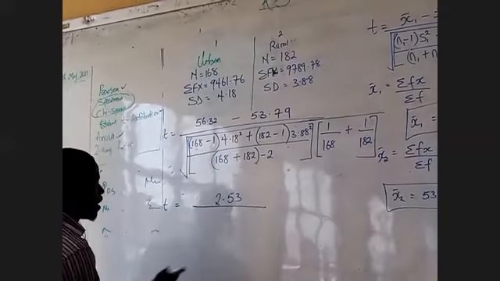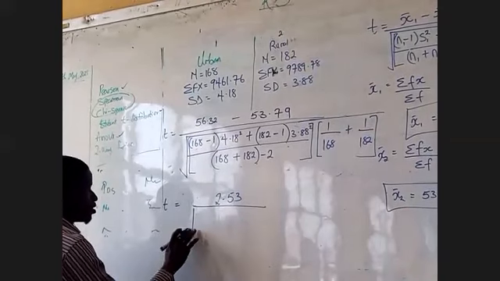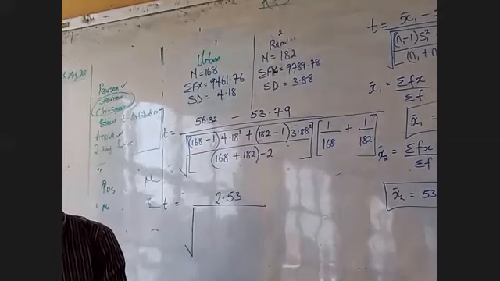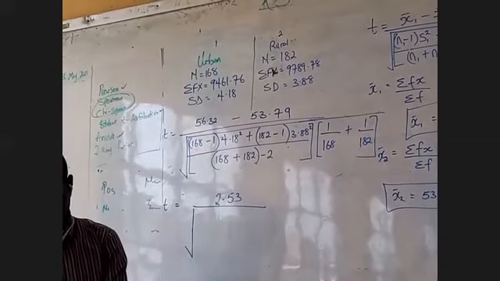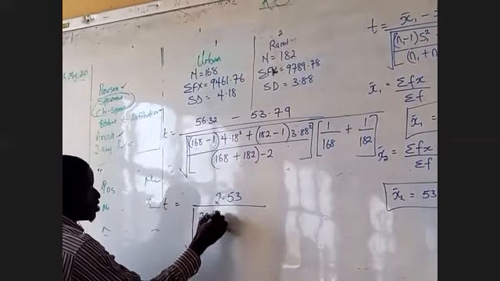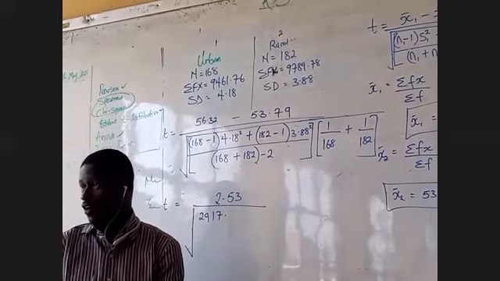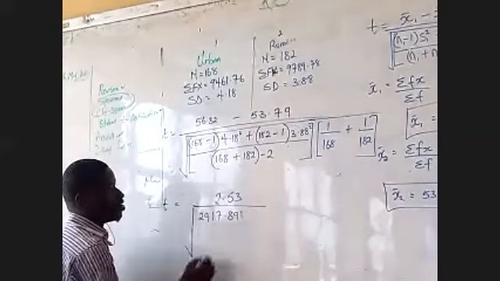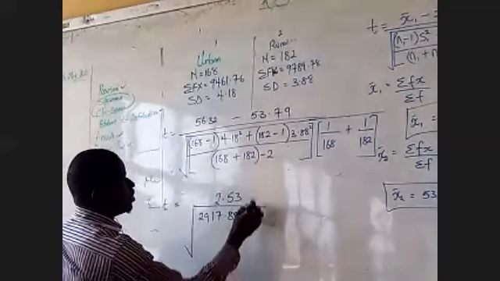So 167 multiplied by 4.18 squared is going to give us 2917. Remember, we are still working, so you have to leave it in 3 decimal places. So that's 2917.891, is it not? Plus, let's also solve this.